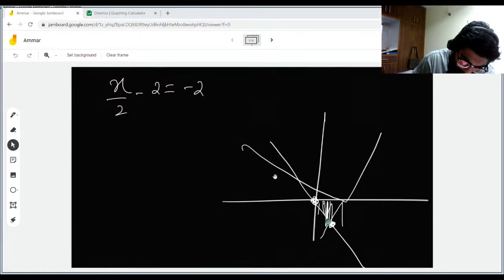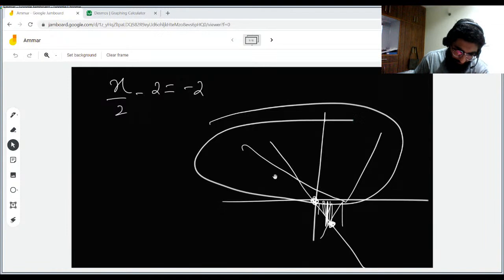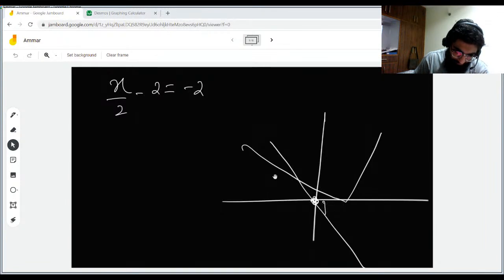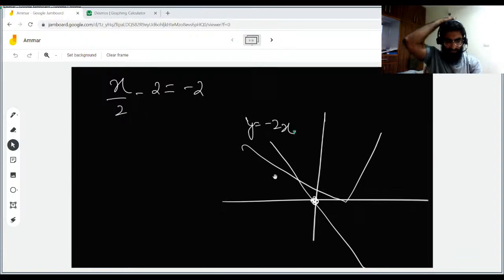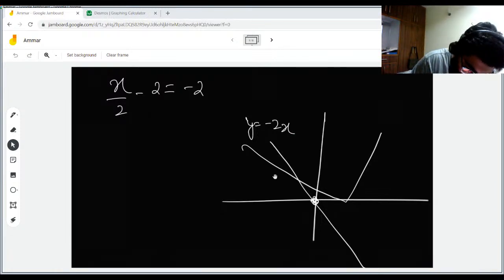Okay, so in the previous question I was zoomed in and couldn't see the bottom. I had one equation, y is equal to minus 2x, going through the origin, and the other was x by 2 minus 2, equal to x by 2 minus 2 mod.